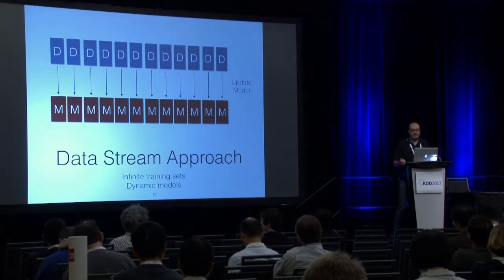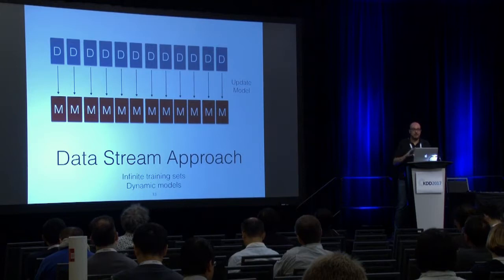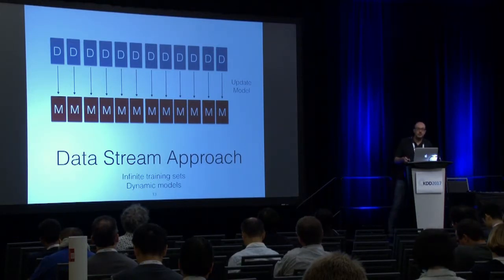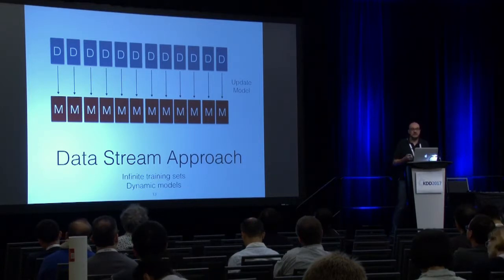The advantages of this are, first, we don't need to store all the data in memory. We see the data, we update our model, and that's all. We don't need to store it. That means we are going to be much more efficient in terms of time and memory. The other important thing is that data may be changing, so we don't need to suppose that data is static.